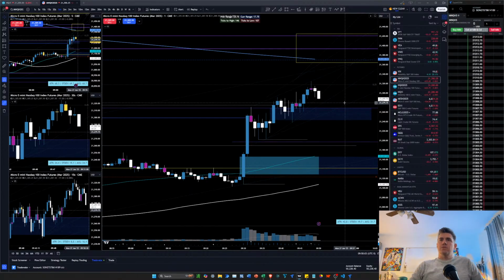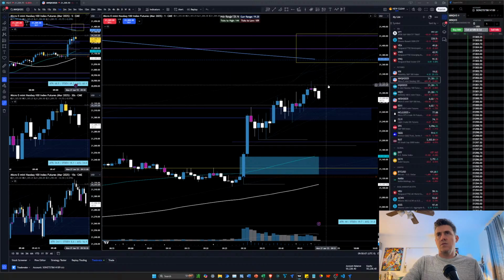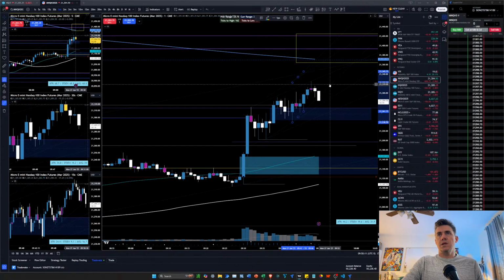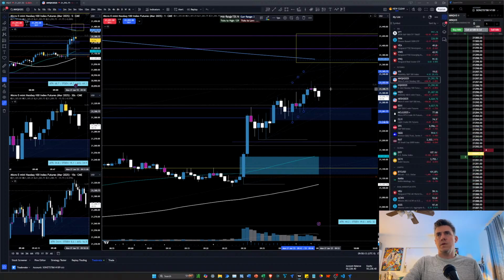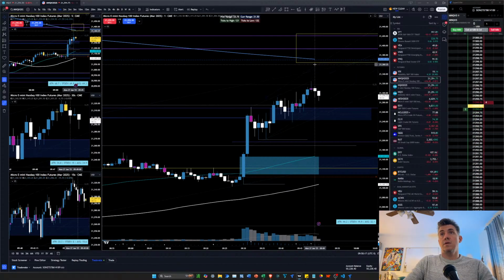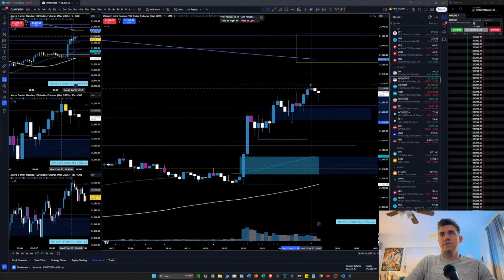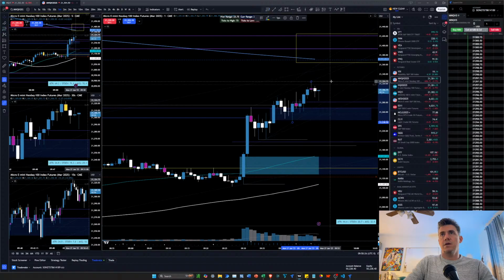Not too much in a rush to get long up here, and don't want to get short yet because you're kind of just picking a top. At least not with undefined risk. So let's see, 50% of this leg.